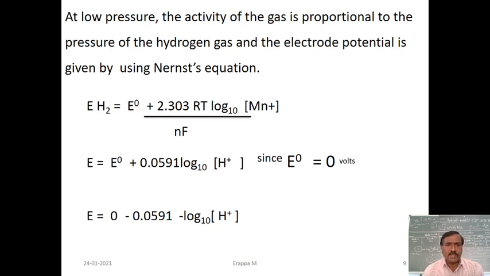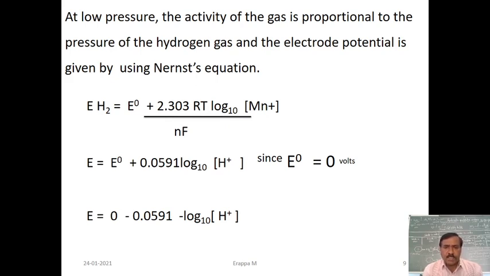At low pressure, the activity of the gas is proportional to the pressure of the hydrogen gas, and the electrode potential is given by the Nernst equation. E of hydrogen is equal to E naught plus 2.303 RT by nF log of M n+. On simplification, E equals E naught plus 0.059 log [H+].